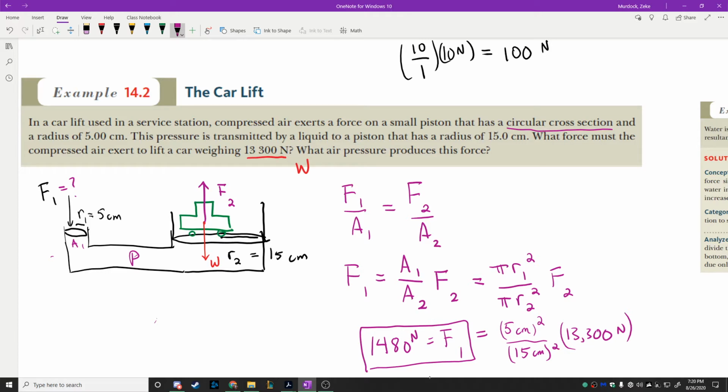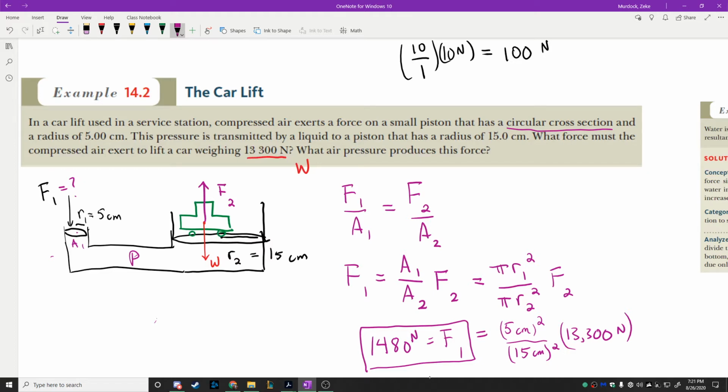So if you think about hydraulic lift systems that you may have seen before, the pistons are very small, right? They're much smaller than 5 centimeters. They may be as small as 1 centimeter.